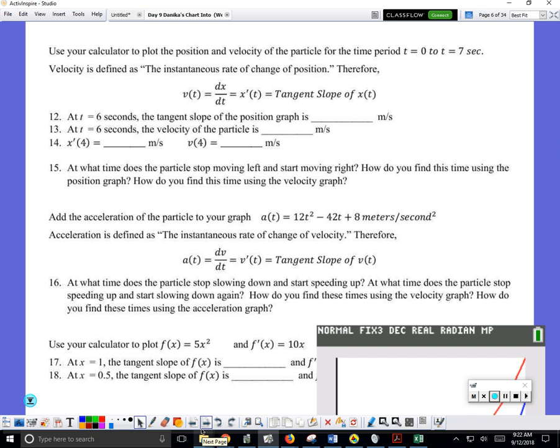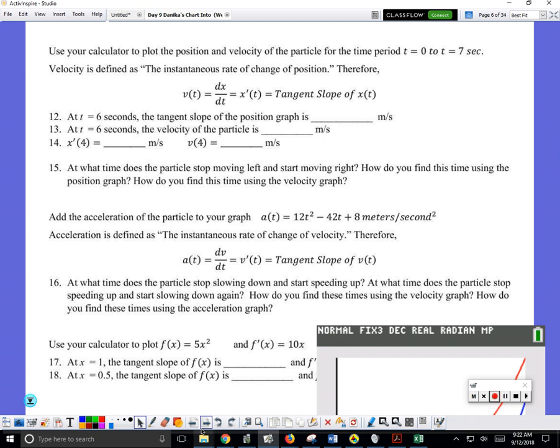So last time, did we get to the point where you had entered the acceleration in your calculator? Not yet. To do that, add this to your Y3.